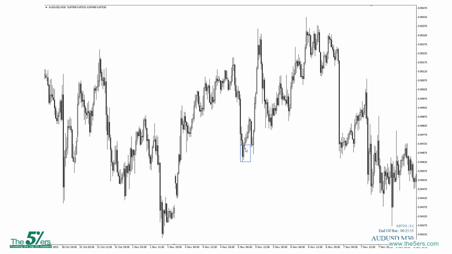Here's an example of a demand printed, and here's the rally, and here's the decision. Price came to visit the first time, and then we can take it. But after it took it the first time, we assume that there are no demand orders in here.